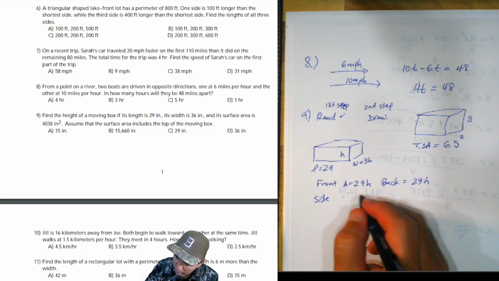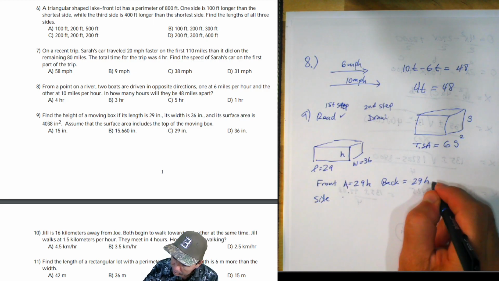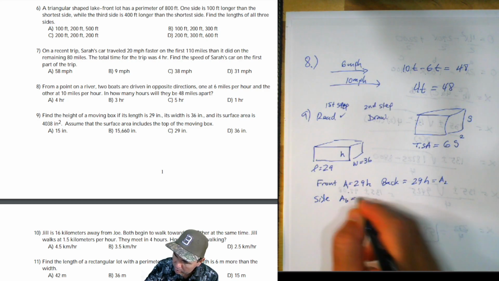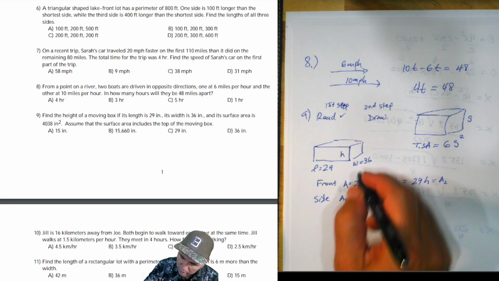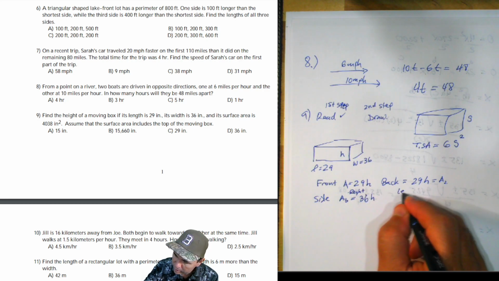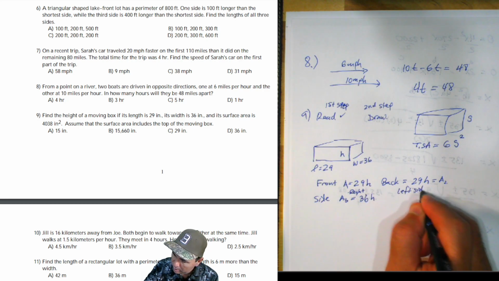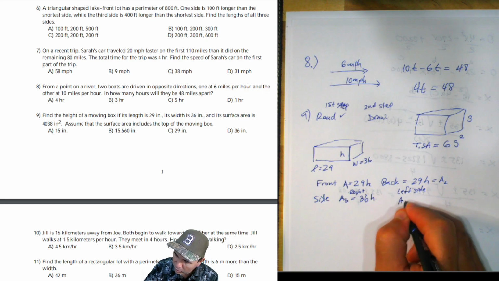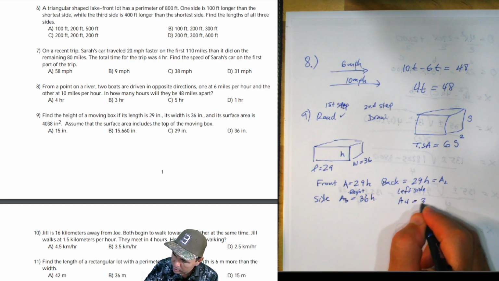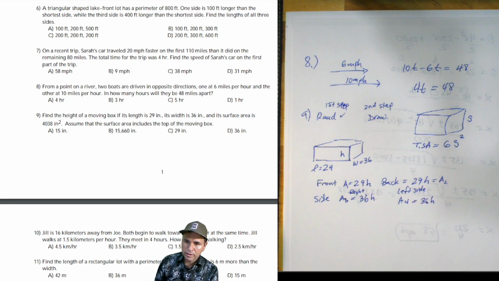So this will be area 1, this will be area 2, and then area 3 is going to be 36h. And then this will be like the right side, and then there's a left side, and that's area number 4. Area 4 is going to be also 36h, base times height.